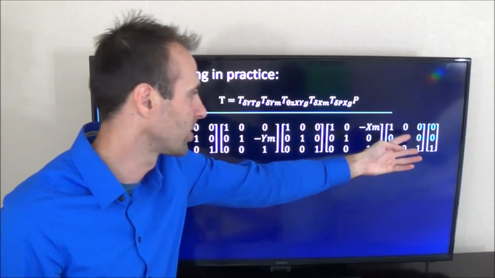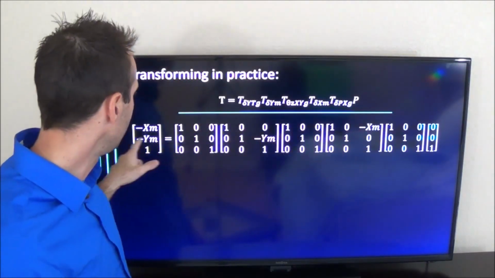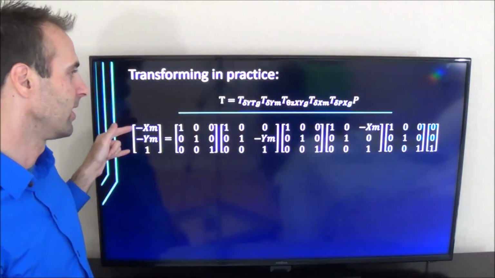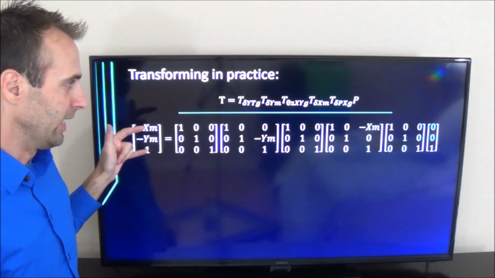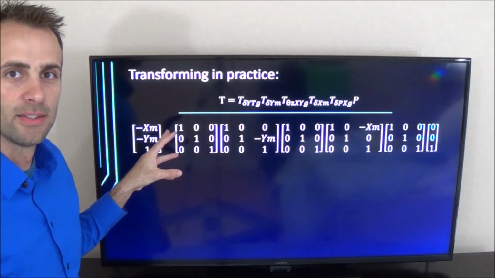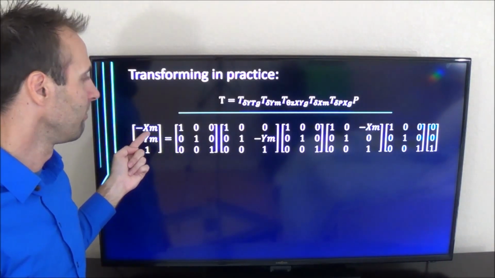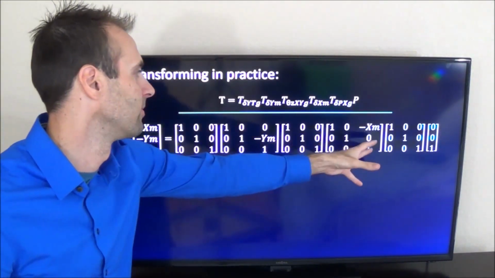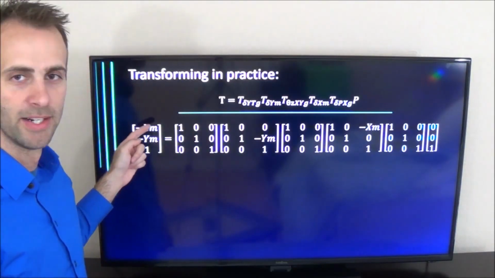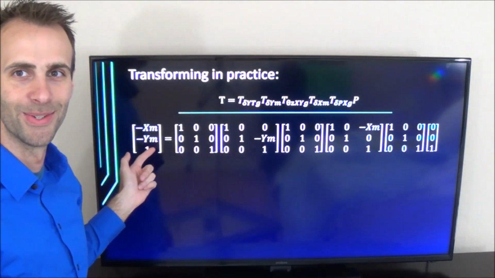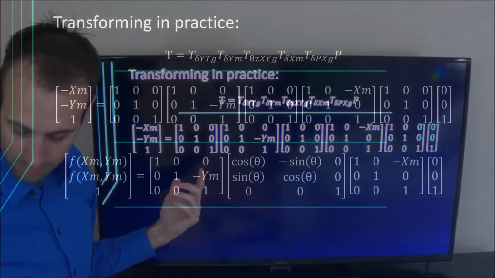Essentially XM drops through, and so does YM. In this instance, it's quicker to think that my overall transformation is I add, and these just propagate straight through. So it's simple.